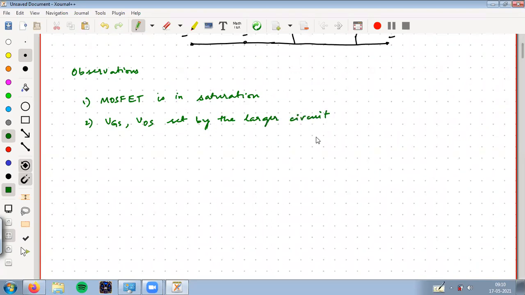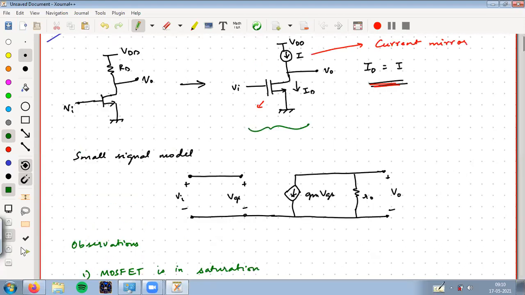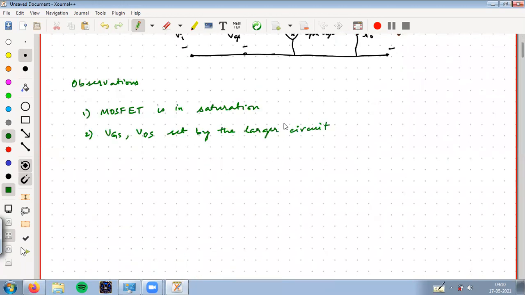Remember, this circuit is actually a part of a larger circuit, so VGS and VDS are set by the larger circuit in play. Remember these are bias voltages, not AC voltages. They are bias DC voltages.